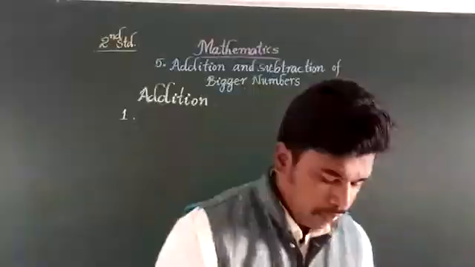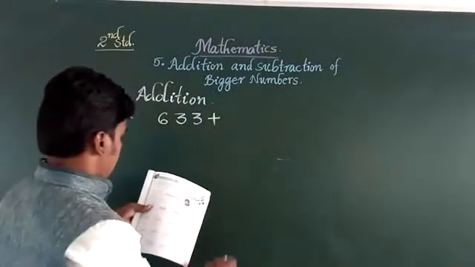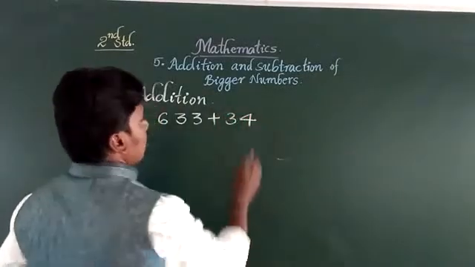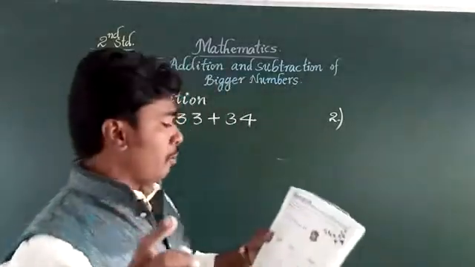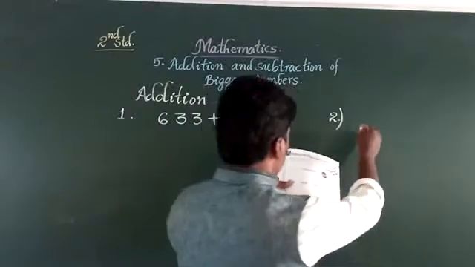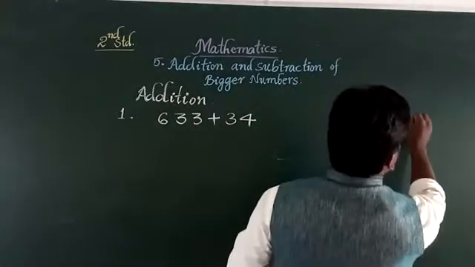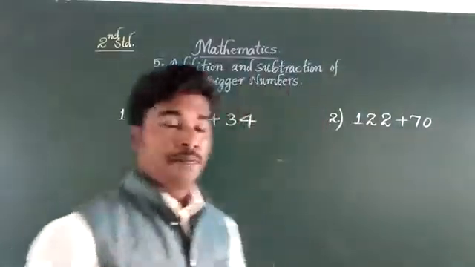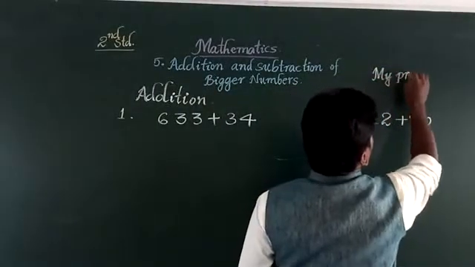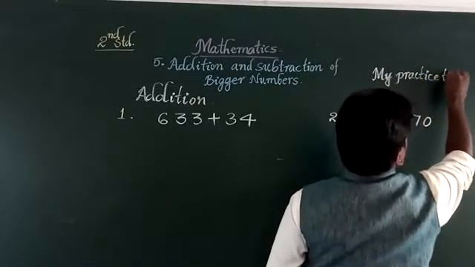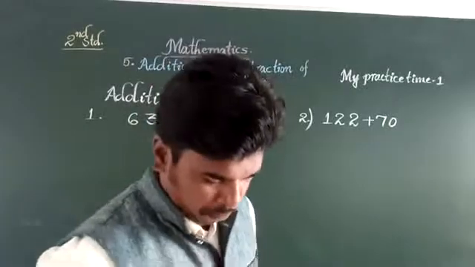You please observe carefully. 633 plus 34, and the second one is 122 plus 17. These problems are there in my exercise, My Practice Time first. It is there on page number 63.